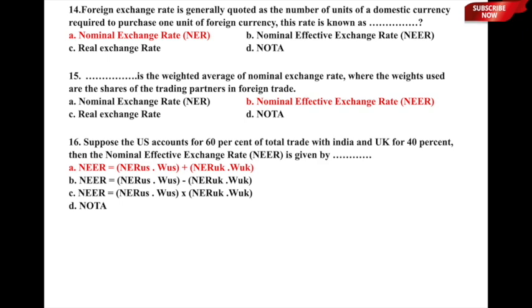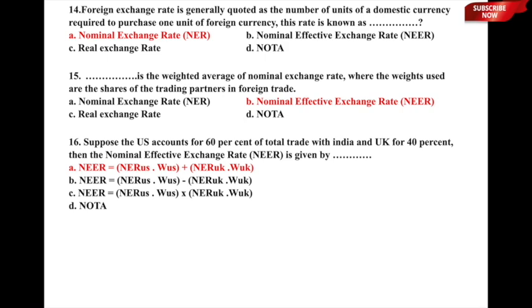The second option is NEER is equal to nominal exchange rate of US multiplied by weight of US minus the nominal exchange rate of UK multiplied by weight of UK. Third is NEER is equal to nominal exchange rate of US multiplied by weight of US into nominal exchange rate of UK multiplied by weight of UK, and last is none of the above.